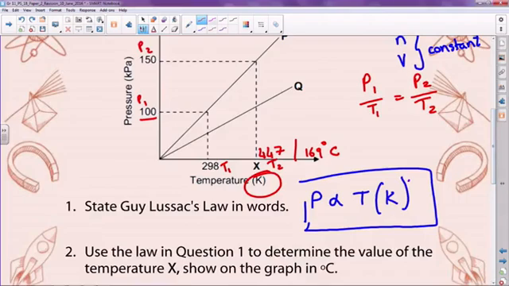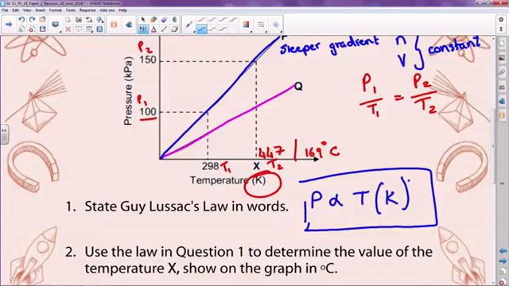If you look at your graph, this one is lower. Q is in pink, P is in the blue. P has got a steeper gradient. Q has got a lower gradient, or a shallower gradient, if you want to call it that.